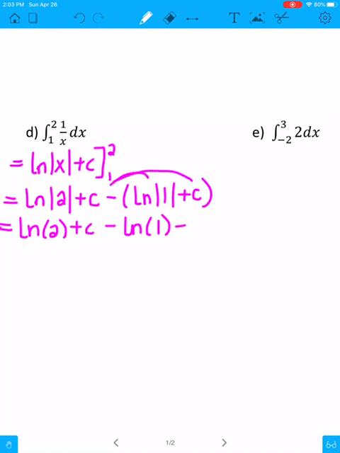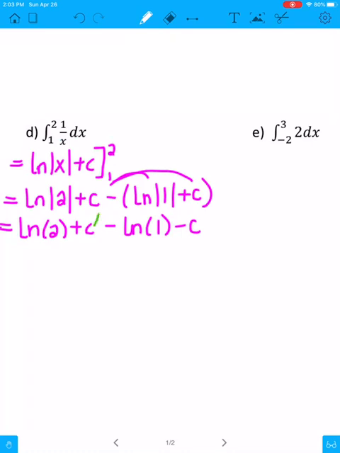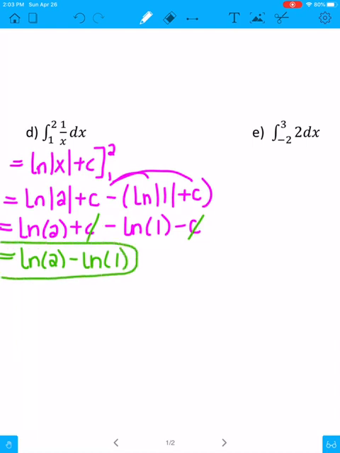And then minus c. The c's cancel. And you're left with ln of 2 minus ln of 1. And you'll leave it here unless they ask you for a rounded answer. And if you're in university and they don't give you a calculator, you can't make it any further than this. So that would be your answer.